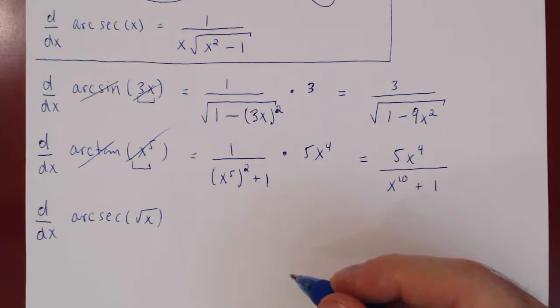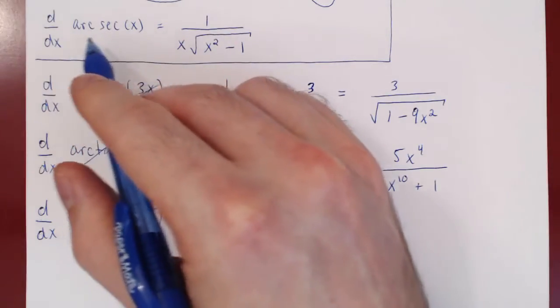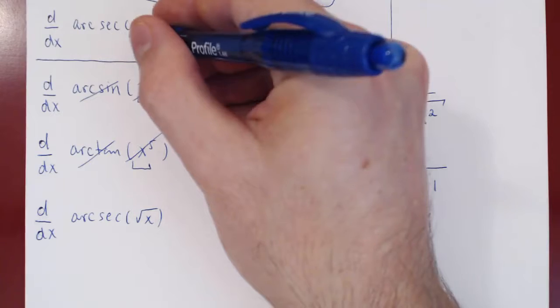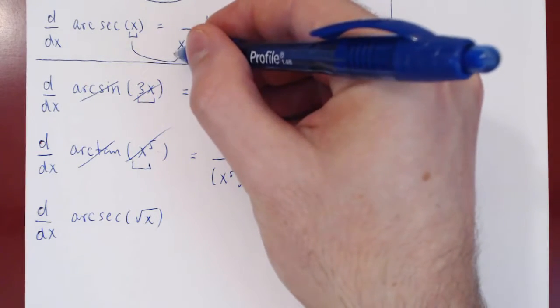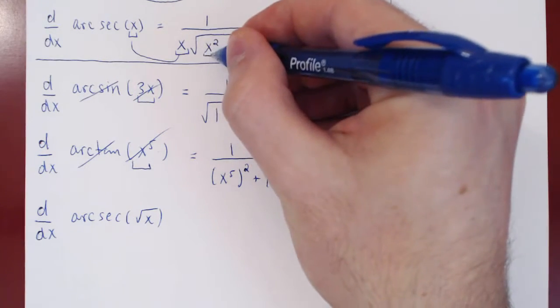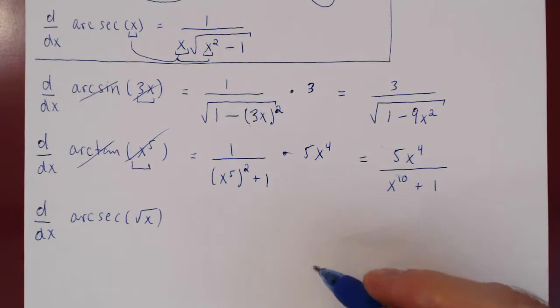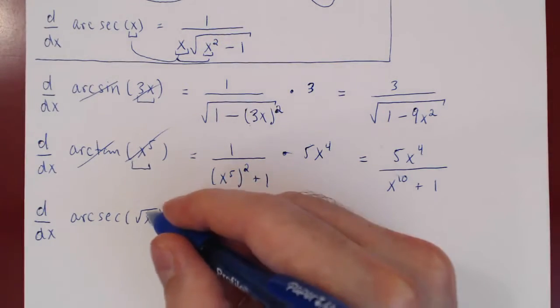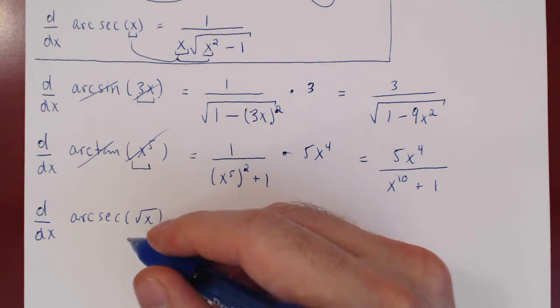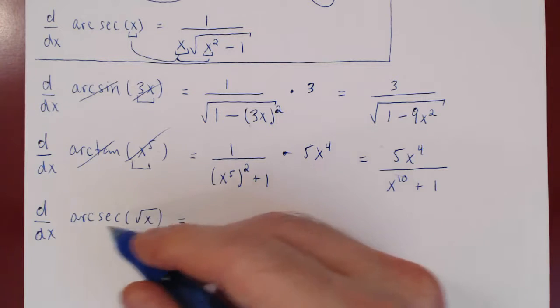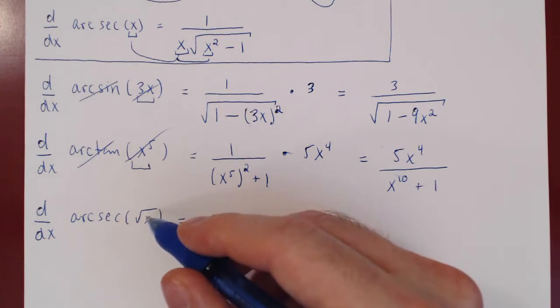Well, once again, if you look at the formula for the derivative of arc secant at x, you plug in the argument, which is x here, and the argument squared here. So the argument now is root of x, and again we have a composition. If I give you an x value, first find the square root of x, then take the arcsecant of root of x.